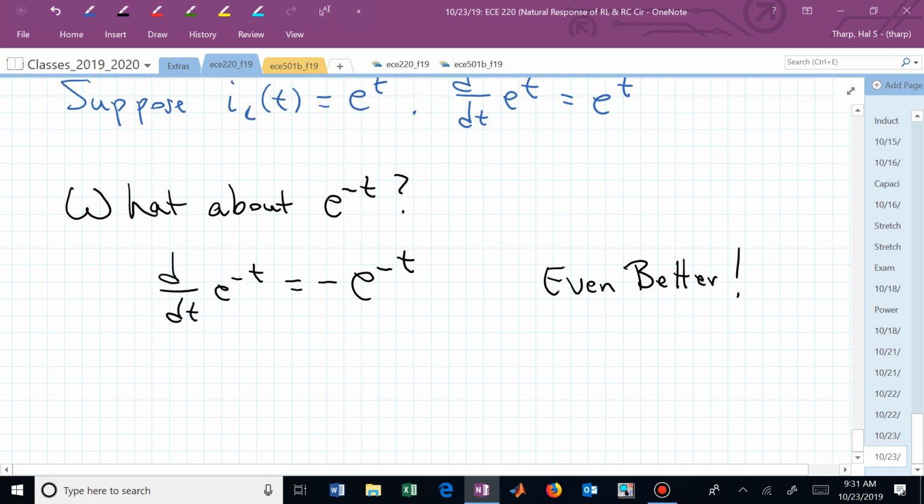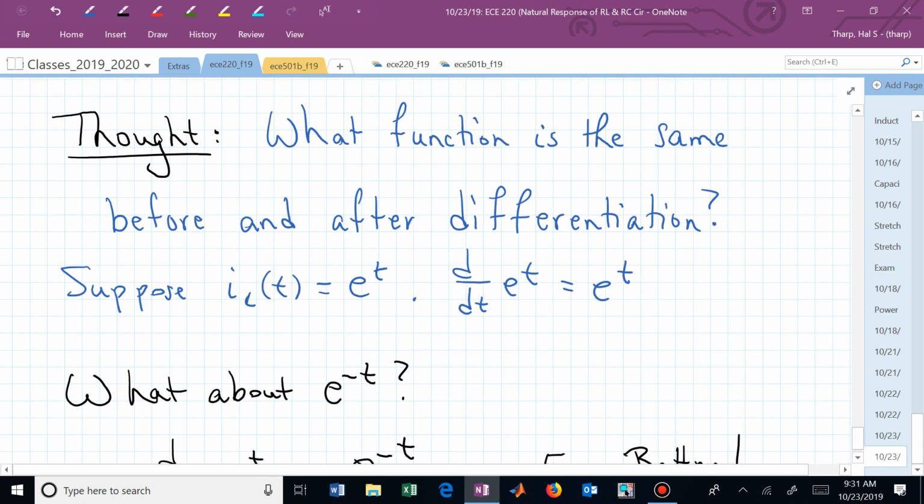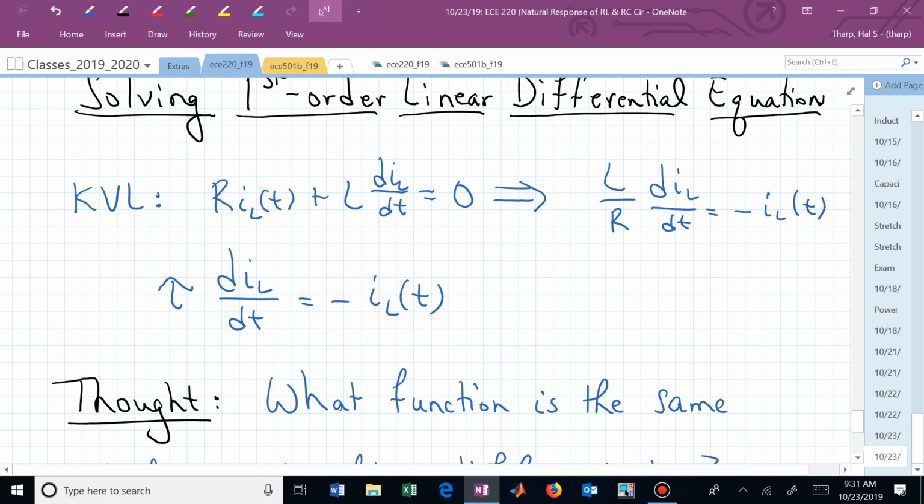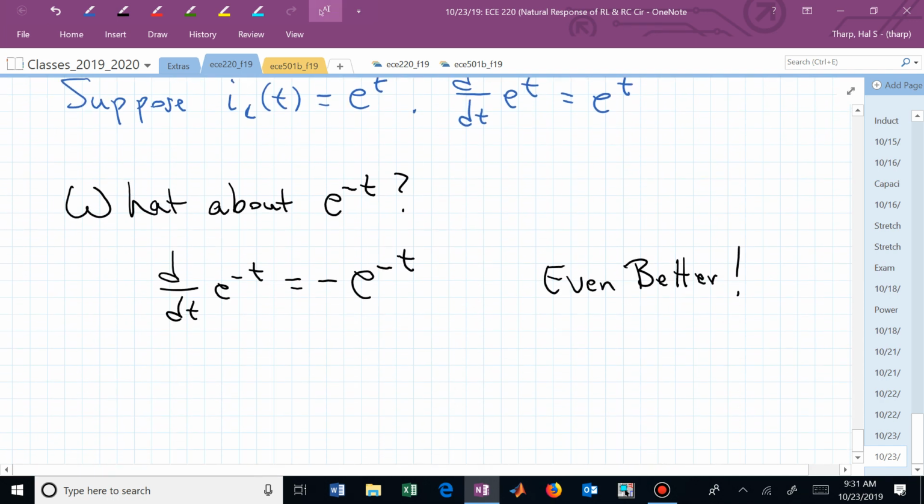So now what we've seen is for this structure, tau dx dt is equal to minus x, we're expecting a solution for x to be exponential. So our exponential structure is what we're anticipating.